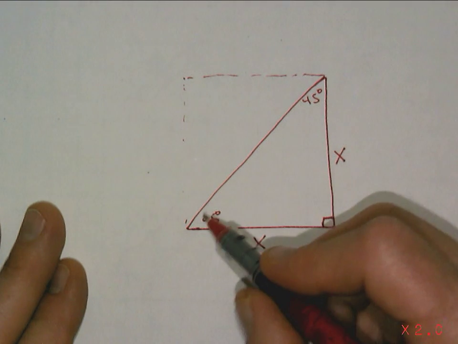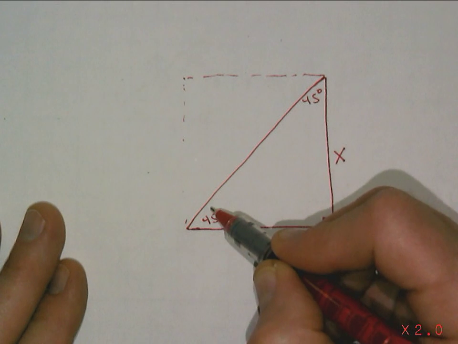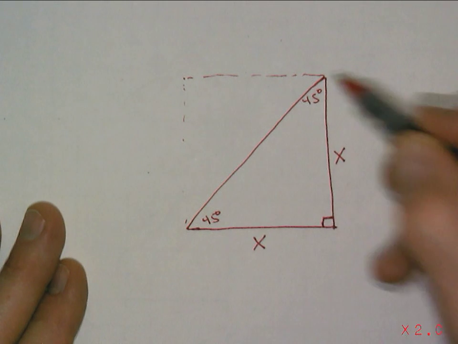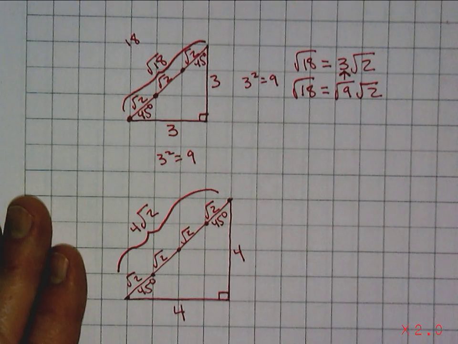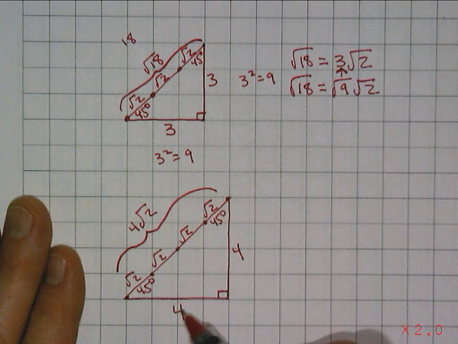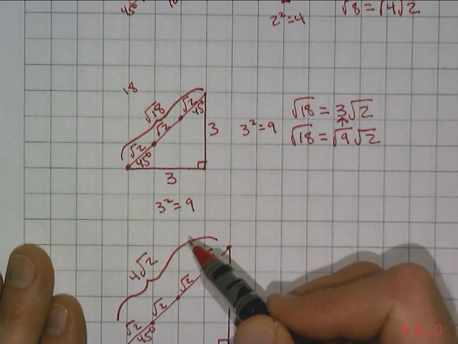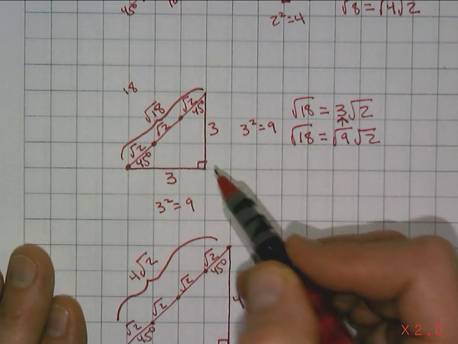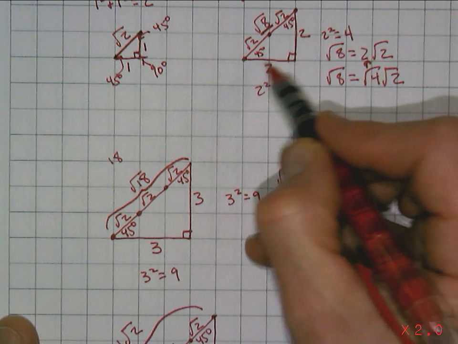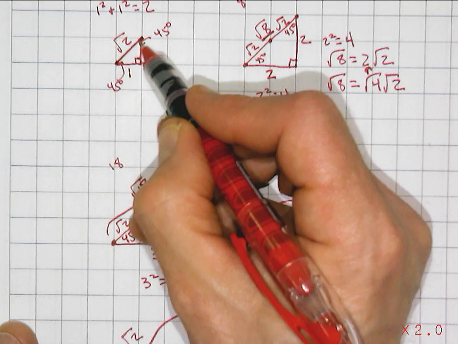And then across this part of it, if I want to know how many square roots of 2 it is across, well, if we look back, this one was 4 square roots of 2 across, which is the same as the side length. This one was 3 square roots of 2 across, which is the same as the side lengths. And this is 2 square roots across, and even our first one is 1 square root across.